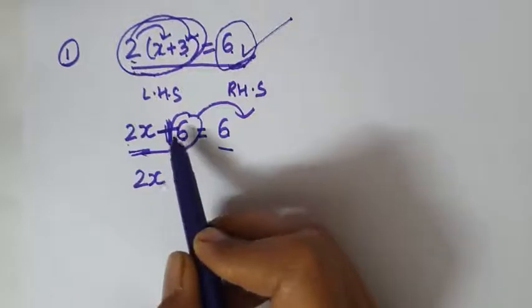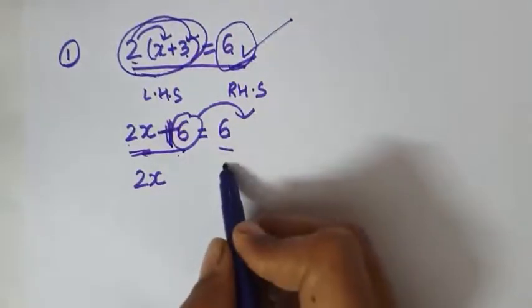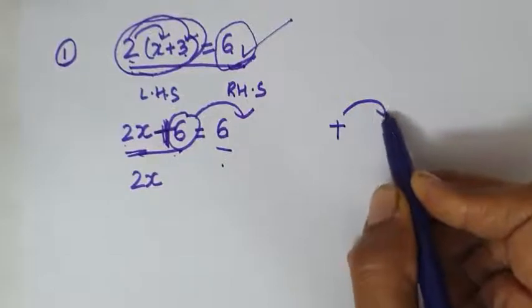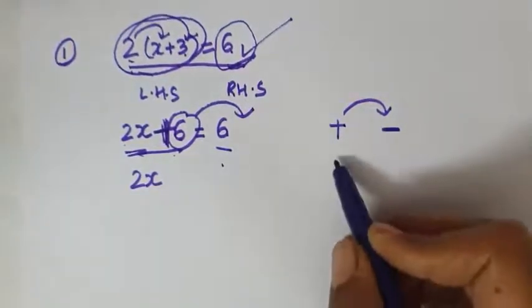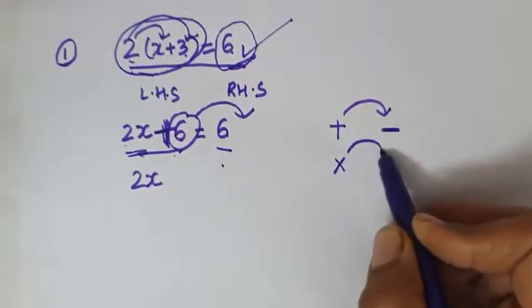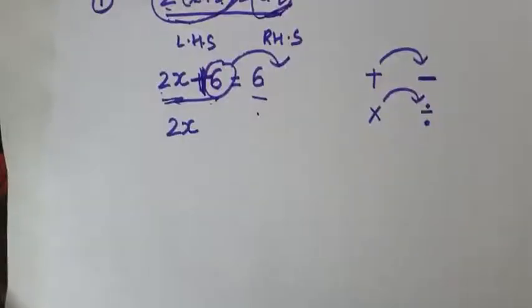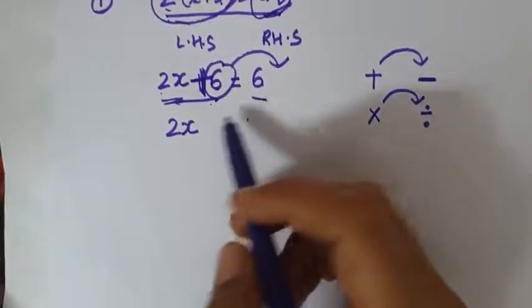When it shifts to the right hand side, it will get subtracted. Means plus will change to minus. Similarly, multiply will change to division. So now 6 will shift to right hand side.